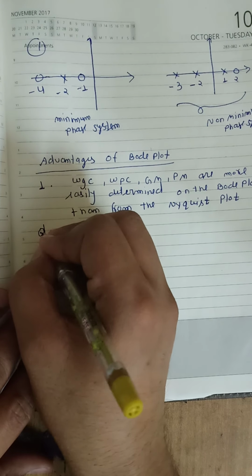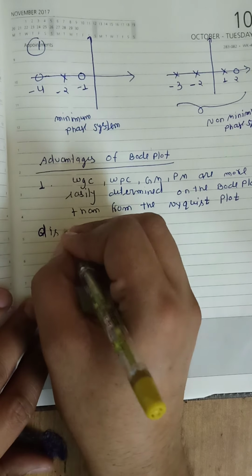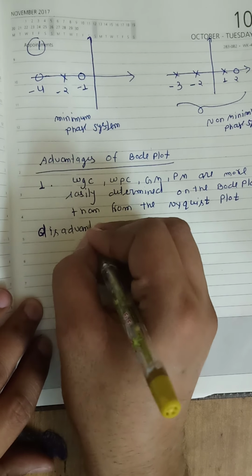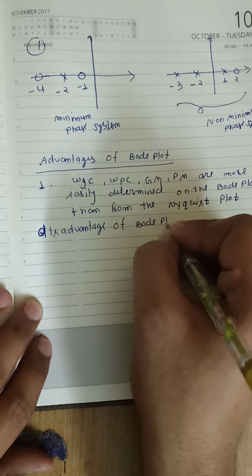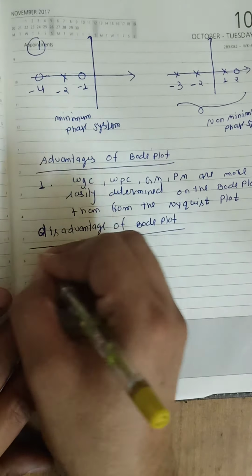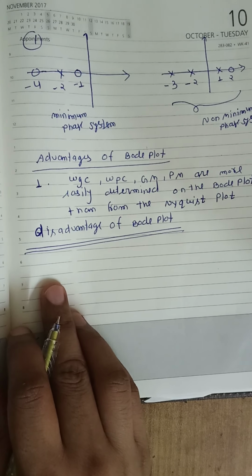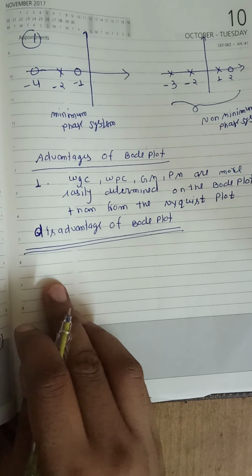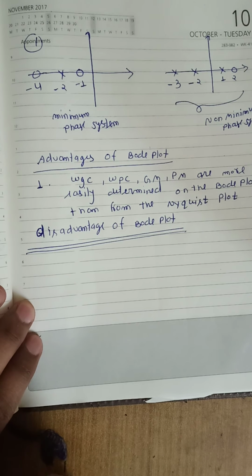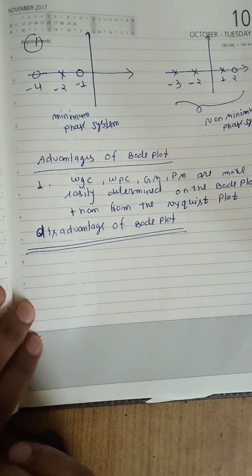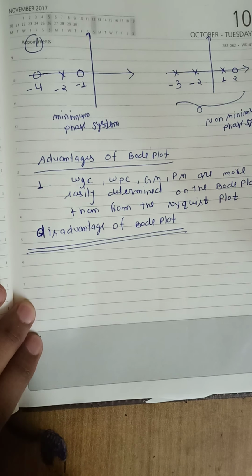Next, the disadvantage of Bode plot: absolute and relative stability of minimum phase systems can be determined from the Bode plot. If we have a non-minimum phase system, we cannot draw the Bode plot and we cannot determine the stability for the system.